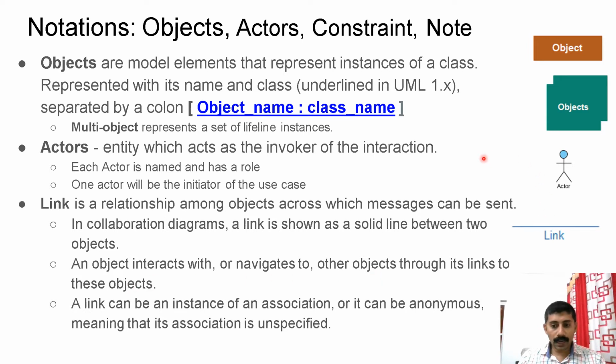So, if there has to be an interaction between two objects, there should be a link between those two objects. A link can be an instance of an association, or it can be anonymous, meaning that its association is unspecified. So the links normally represent the association, or it can be an unspecified association also.